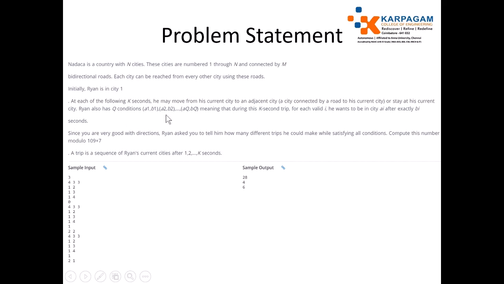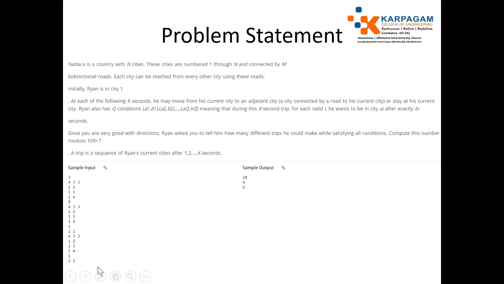Okay, this is also another constraint. Since you are very good with directions, Rian asked you to tell him how many different trips he could make while satisfying all conditions. Compute this number modulo 10 power 9 plus 7.